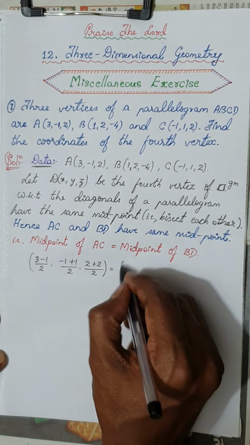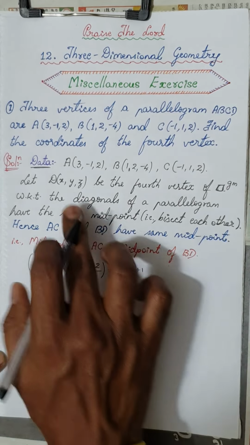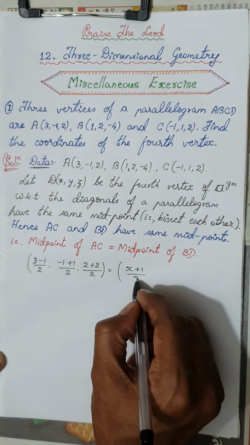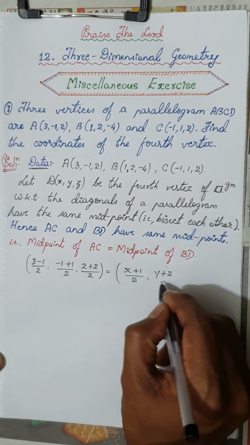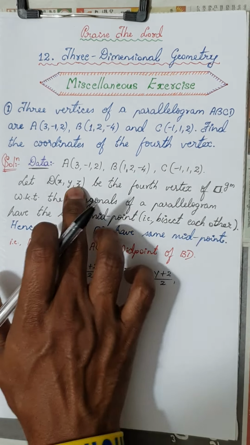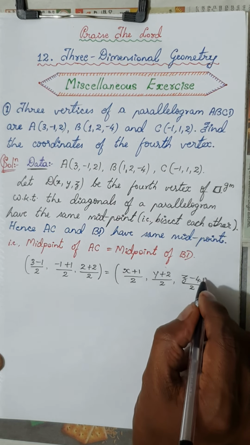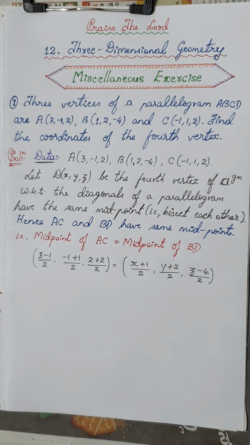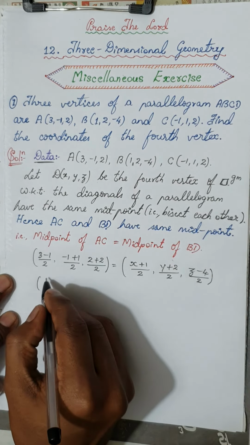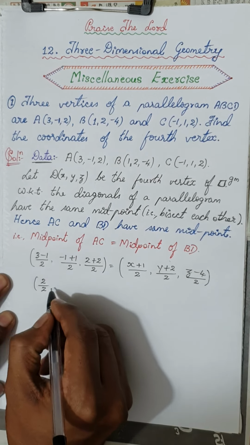Similarly, let's take it for BD. x1 plus x2, you can take any of them as x1 and x2. So it becomes (x plus 1) divided by 2. Similarly (y plus 2) divided by 2, and finally in z we have minus 4, so (z minus 4) divided by 2. Okay, further let's simplify. 3 minus 1 is nothing but 2, so 2 divided by 2.